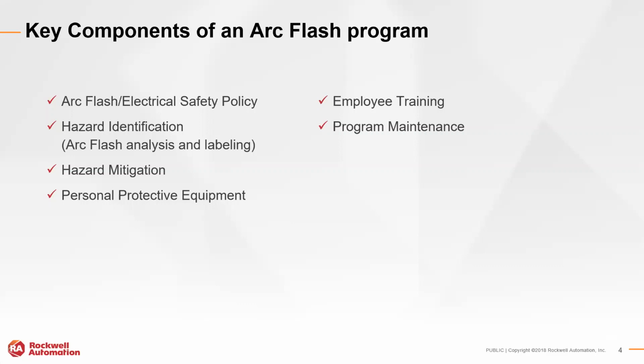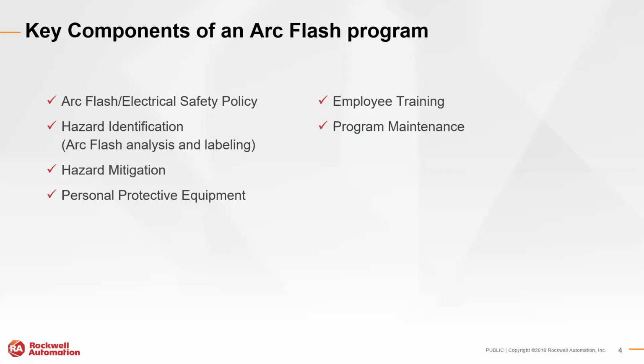That'll be a written program or document which defines guidelines, policies, and procedures for working on or around electrical equipment. It documents how your employees are going to understand arc flash hazards, and defines guidelines on how those employees are going to work on energized electrical equipment, and guidelines of how your organization specifically will approach electrical work, generally speaking or as a whole.